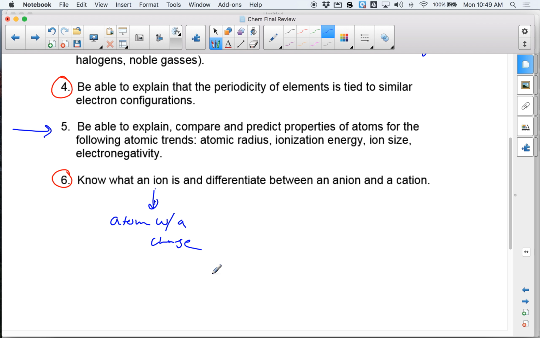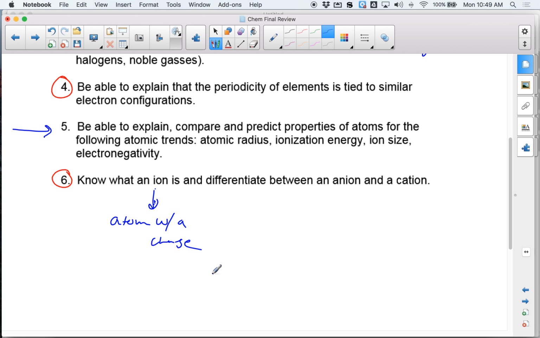Now, the thing to remember is the only way you can change the charge of an atom is by moving electrons. Electrons can be taken away, electrons can be added, but you can't add or take away protons because that would change the element and it's the nucleus, and there are a lot of reasons why. So it's all about electrons.